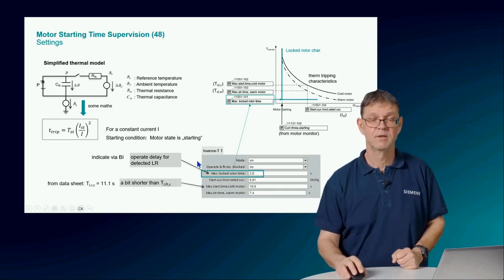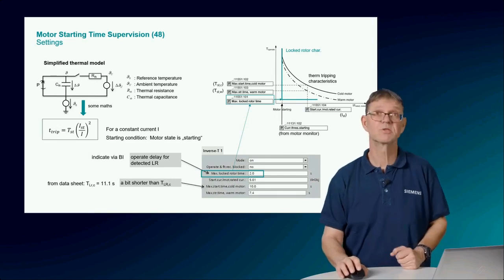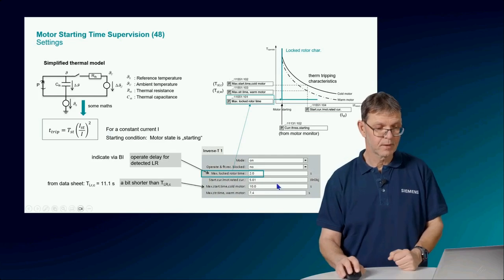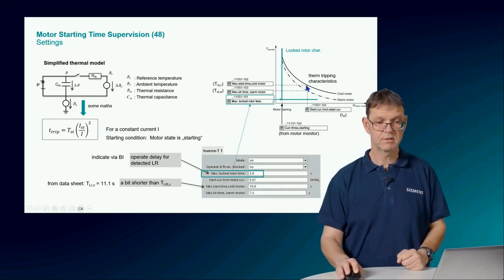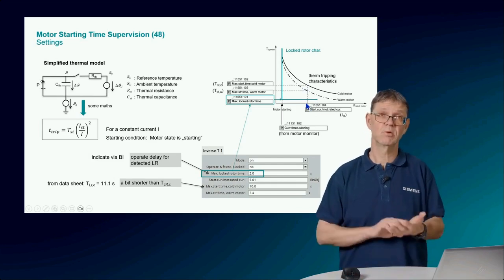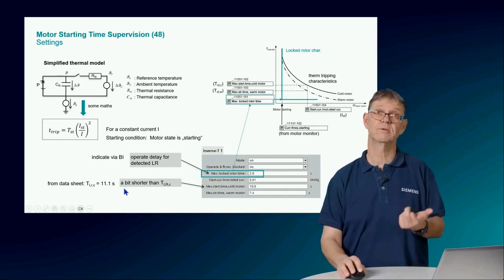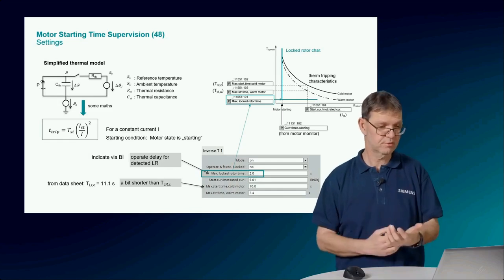Okay, then from the data sheet, I have the maximum starting time for the cold motor here. What do I allow here? Basically, I can use the maximum locked rotor time. I did it here, and I took it a little bit shorter than this maximum locked rotor time for the cold motor.